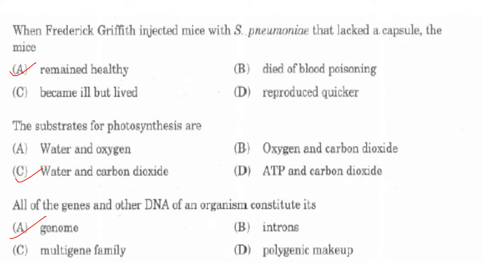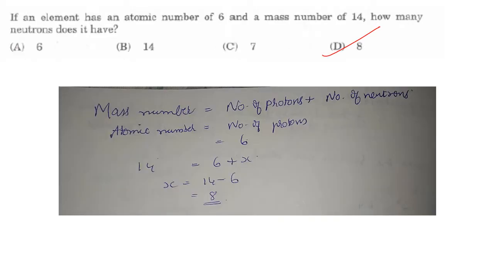Then next one. The substrates for photosynthesis are water and carbon dioxide. Answer is option C. All of the genes and other DNA of an organism constitute its genome. So the answer is option A. Then, if an element has an atomic number of 6 and a mass number of 14, how many neutrons does it have?